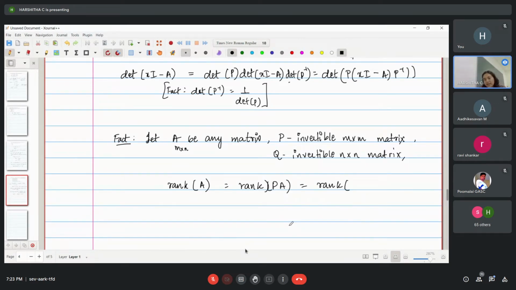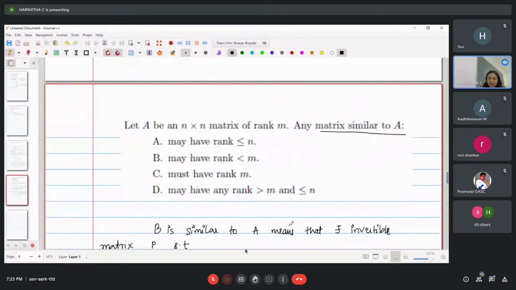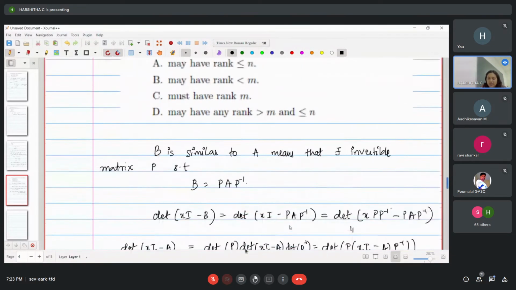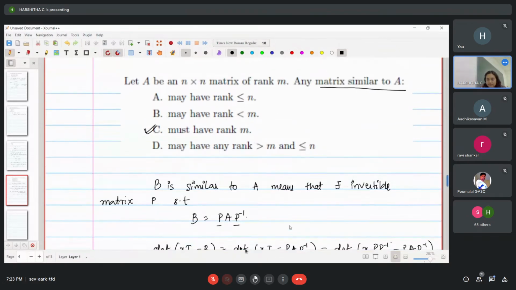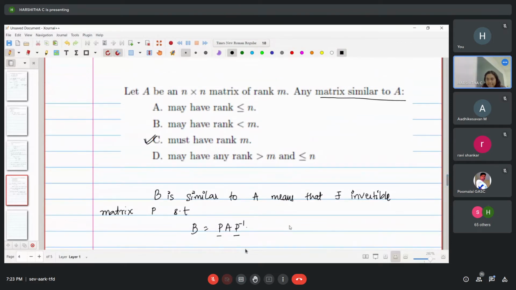So you multiply on any side by an invertible matrix, the rank doesn't change. Using this, we get that the rank of a similar matrix remains the same. When you say similar matrix, you're multiplying both sides by an invertible matrix, so the rank will remain. Is this okay?